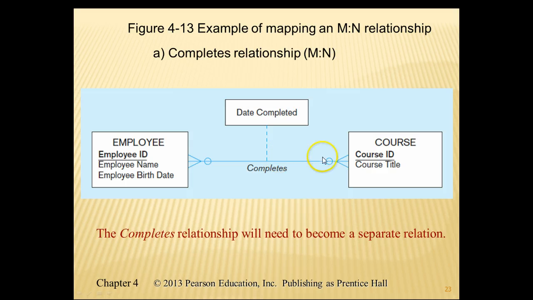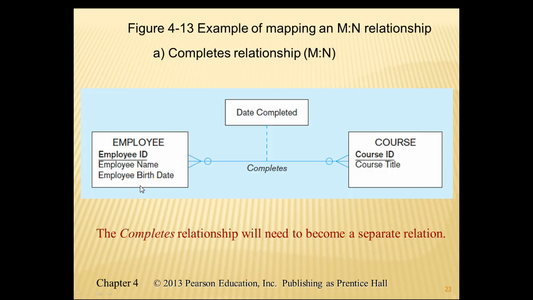And here we're talking about the mapping of the many-to-many relationship, and we've seen this already, where we have to introduce a new relation or a new entity into this figure. So we have employee and course, and of course many employees can take many courses, and many courses can contain many employees at one time.